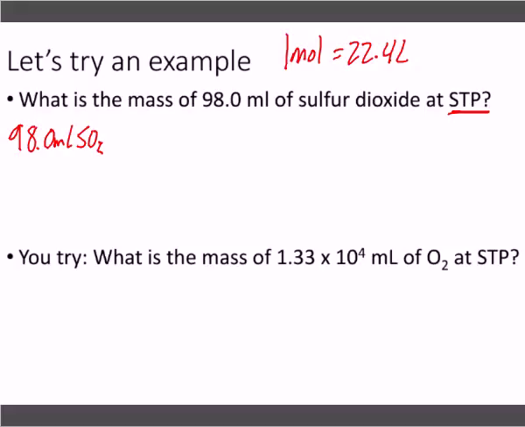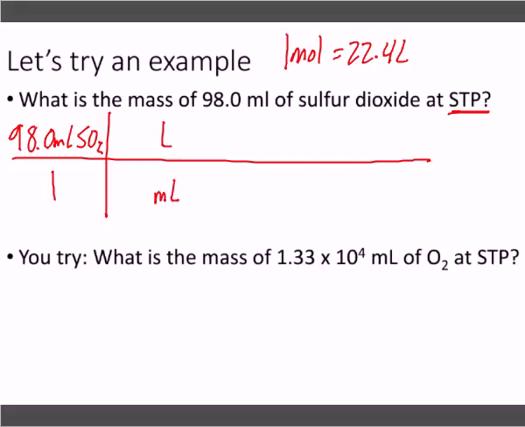What's the big glaring difference between what we have and what we can use? Yeah, one's in milliliters and one is in liters. So what's our first step? Switch it to liters. We can just do it all in one long conversion. That's why we've learned dimensional analysis. Milliliters will go on the bottom, liters will go on the top. Which one is the base unit? This is review from Unit 1.